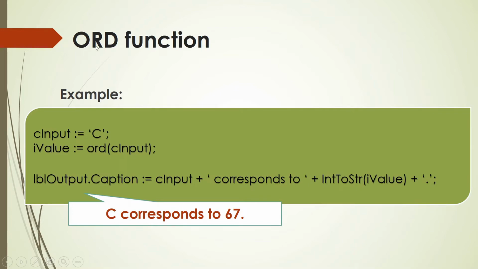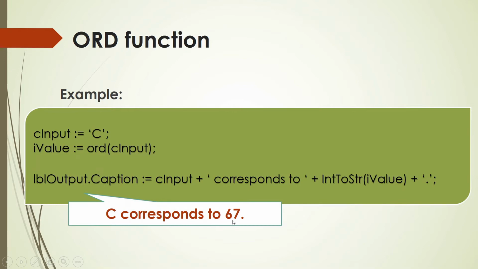The ORD function, ORD, is also a function. This function will take a character as an argument, and it uses ORD to convert the character to an integer value. So the capital letter C on the ASCII table corresponds to 67.